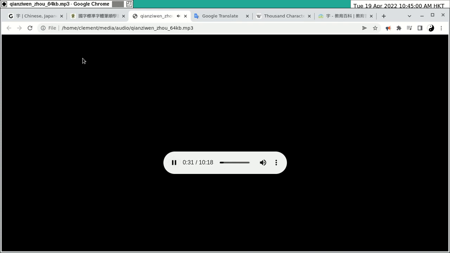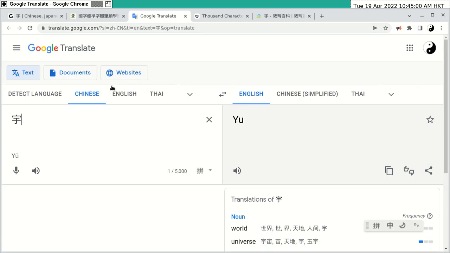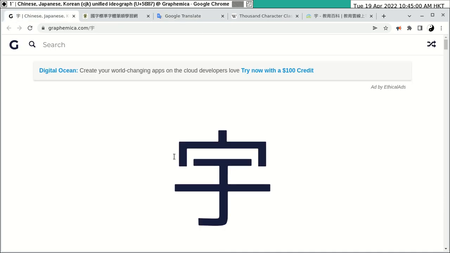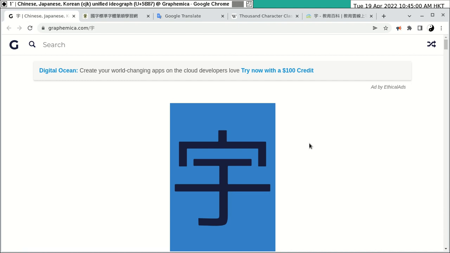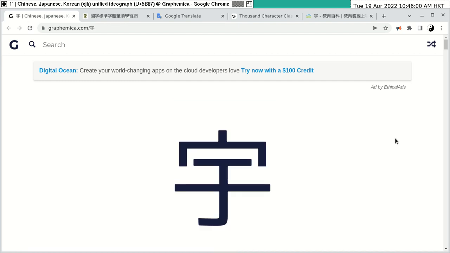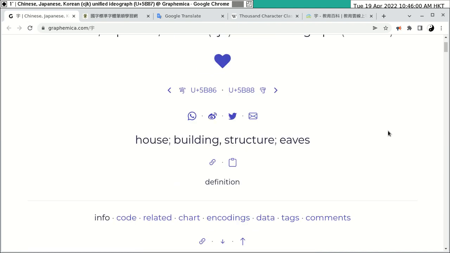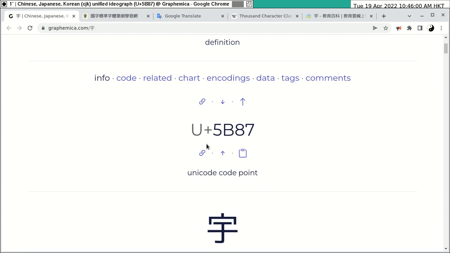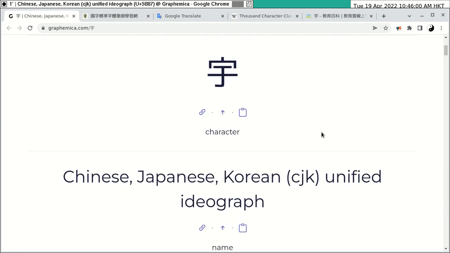But for the time being, we can ignore that. The word we're discussing today is this word, the printed form, the Unicode, and the Chinese. The standard pinyin is Yu.